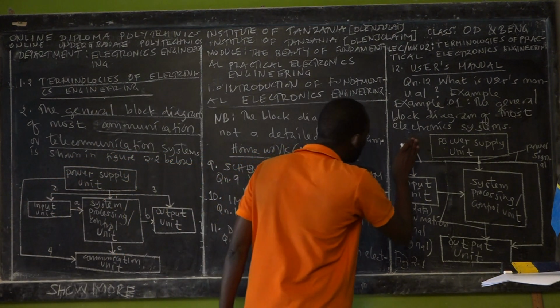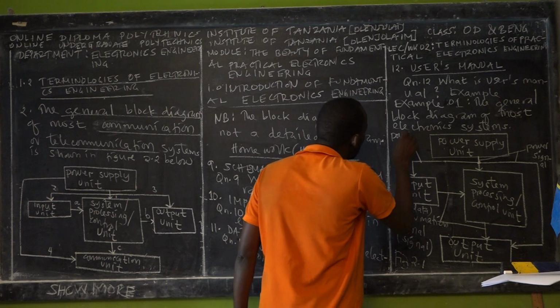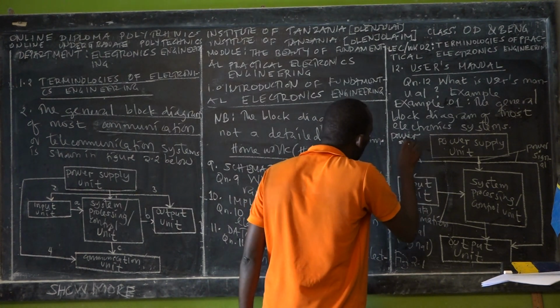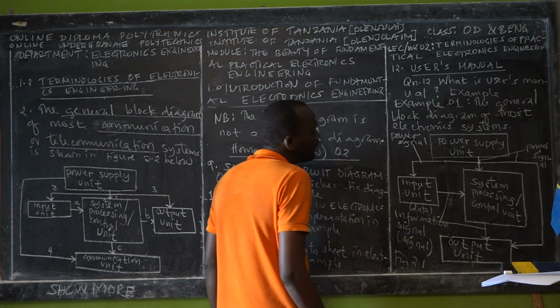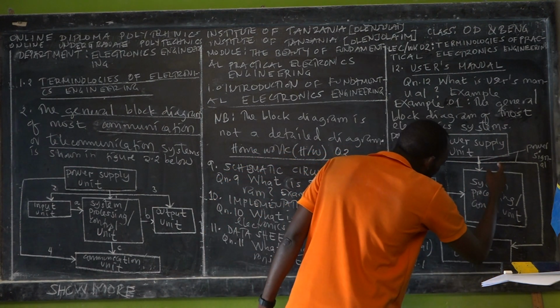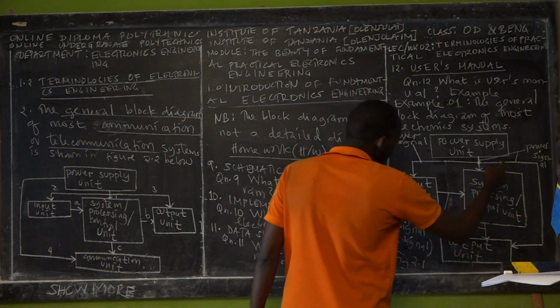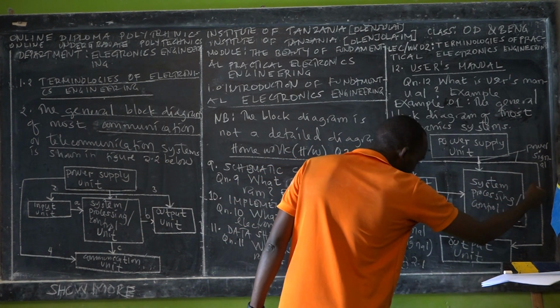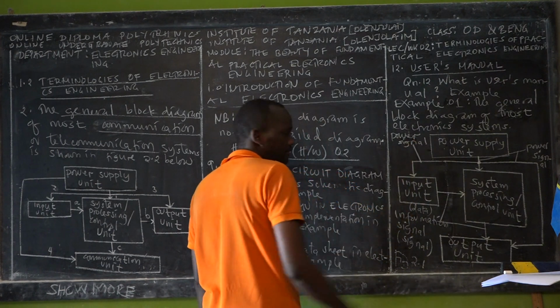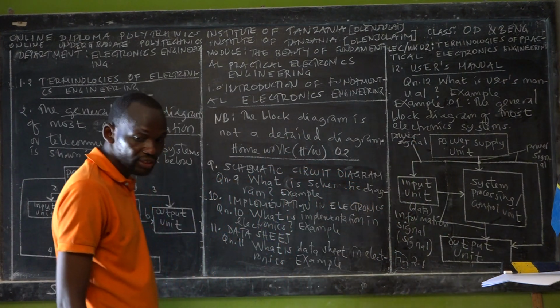So this is power, so we call it a power signal. Say power signal. Power signal. And also this is a power signal. This is a power signal and this is a power signal. So you have 3 power signals. First one, the second one, the third one. Are we together? Yes.